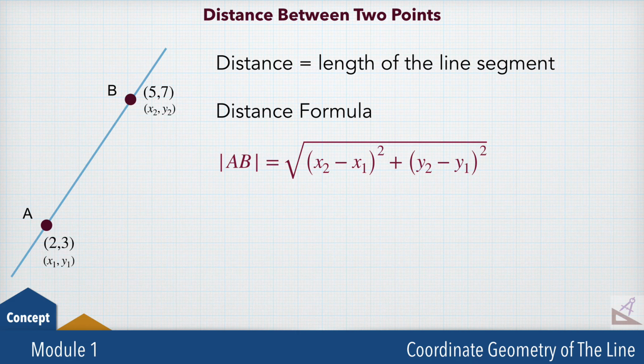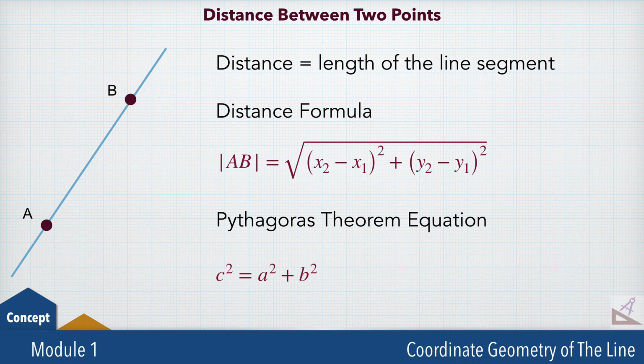Another method of finding the distance between 2 points, if we are given them plotted, is to use the Pythagoras Theorem Equation. On the given Cartesian plane, we would construct a right-angled triangle with the line segment AB as the hypotenuse.